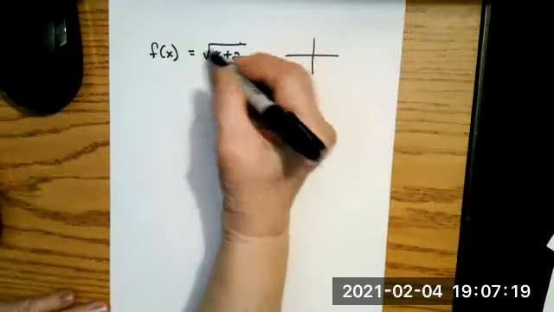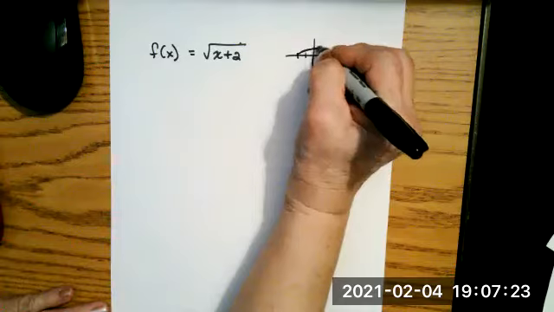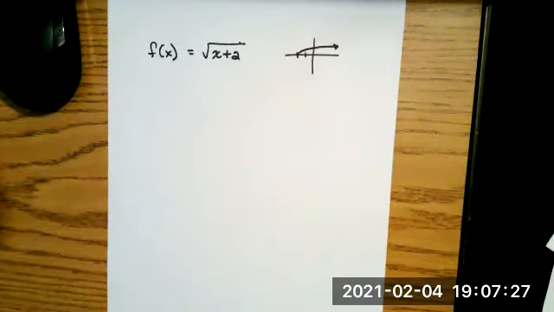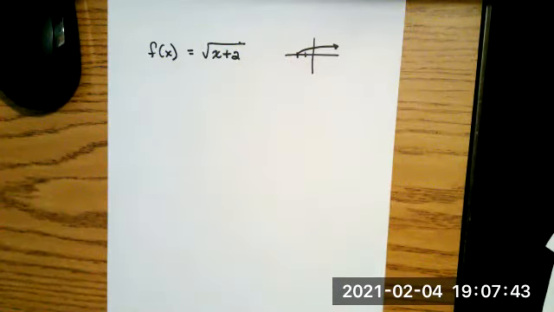Now remember, way back at the beginning of the course we talked about what inside would do: it would shift it. Outside shifts it up or down. Inside a quantity shifts it opposite of what you think it's going to do. See how that says +2 there? But what it's actually done is shift it over to -2.